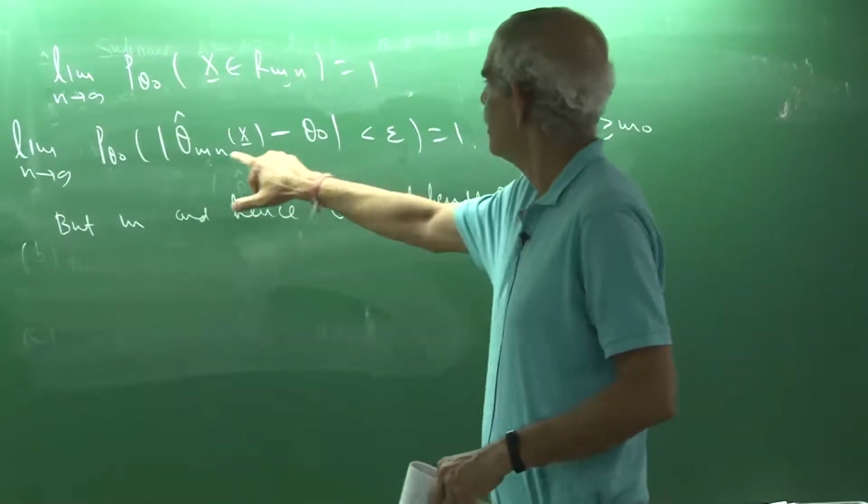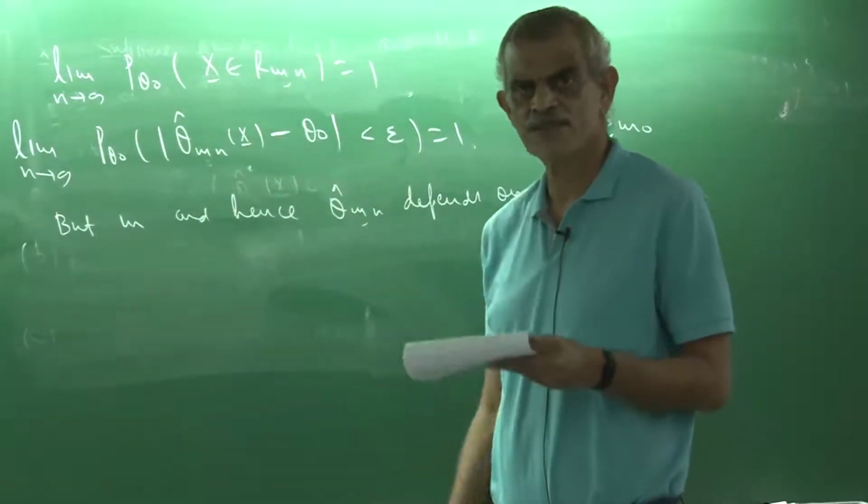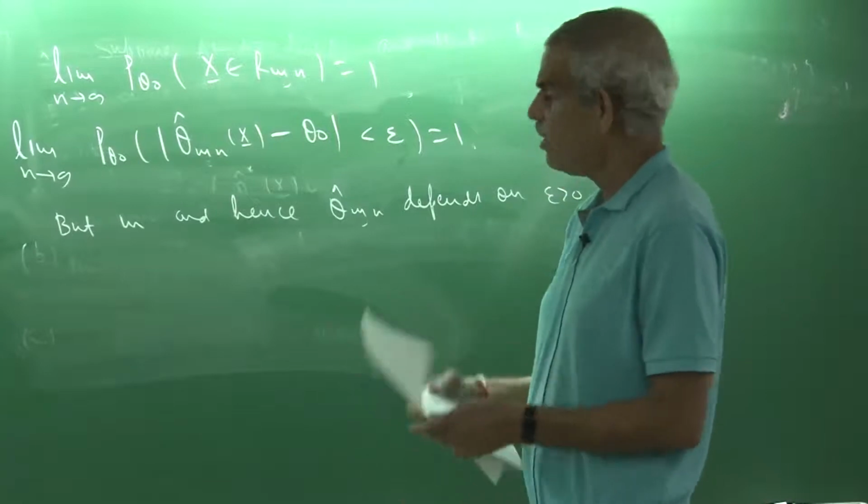These all are inside the interval theta naught minus 1 by m to theta naught plus 1 by m.